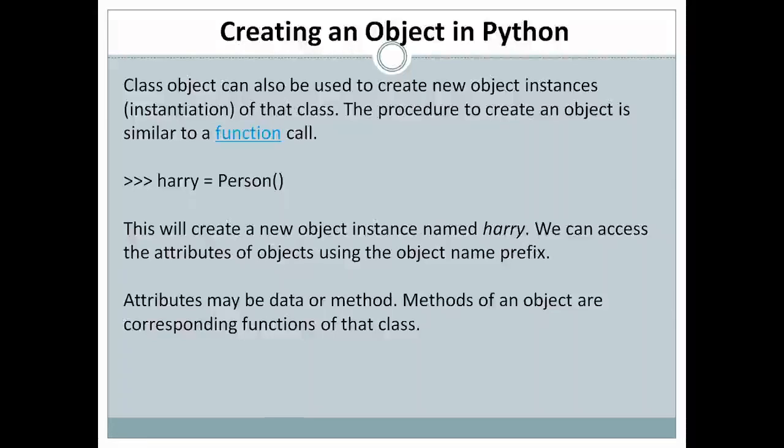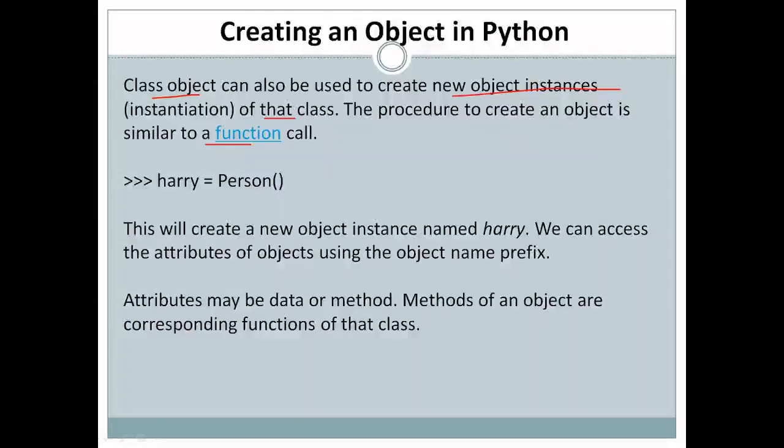So how is an object created? Class object can also be used to create new object instances of that class. The procedure to create an object is similar to a function call in Python.